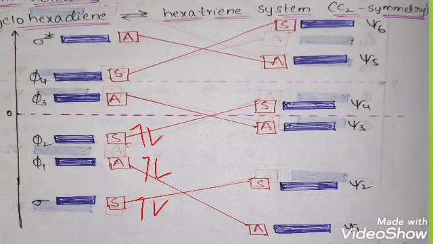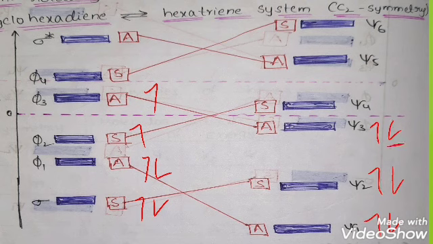In presence of light, the electron present in pi 2 orbital is excited to pi 3 orbital. Similarly, the electron present in psi 3 orbital is excited to the first excited state psi 4 orbital in presence of light.